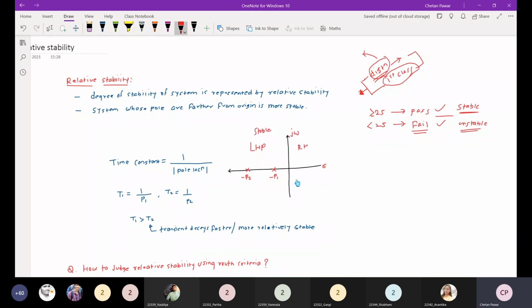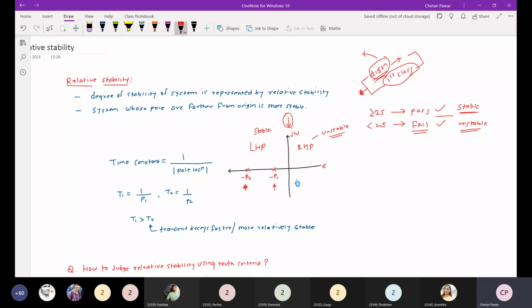If a pole lies in the RHP, the system will become unstable. But now you can see two systems: system 1 has pole P1 and system 2 has pole P2, and we need to compare these two systems.